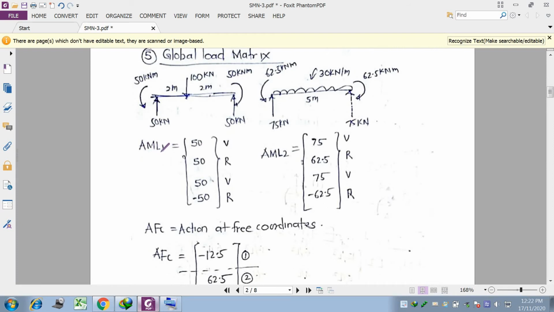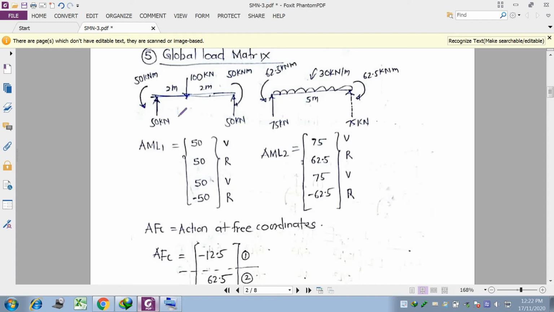AML1 means the load matrix for member 1. The load matrix will have the first value as the vertical reaction, and the second as the rotation. This is the sequence you have to follow in every case. So 50 will come first, that is the vertical, then rotation.